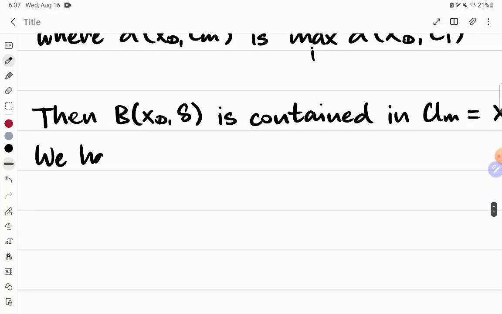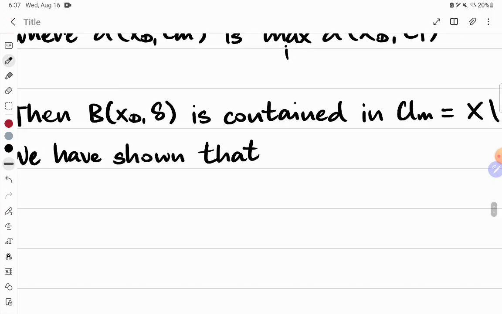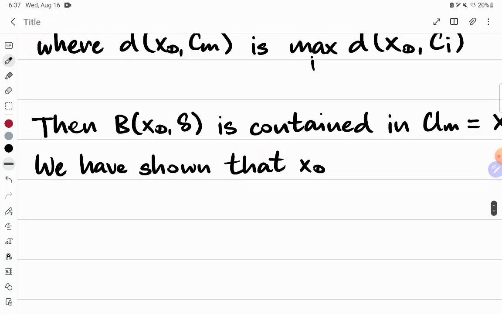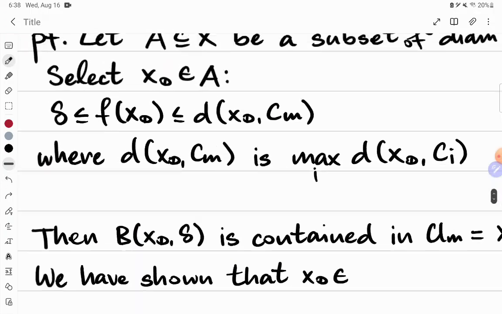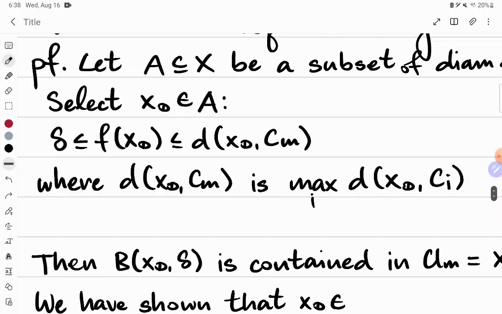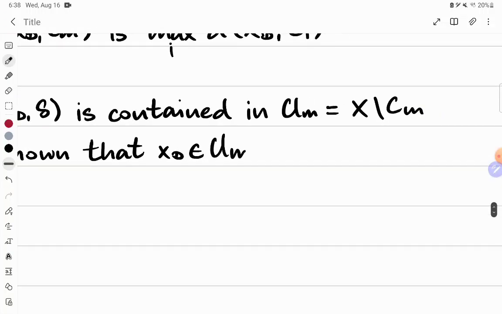We have shown that x naught is contained in, let me just be clear with notation, yes, it's going to be in U_m. Since x naught was arbitrary, we have that A is contained in this U_m.